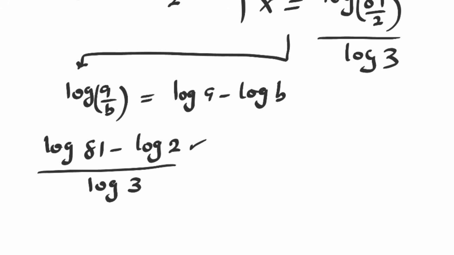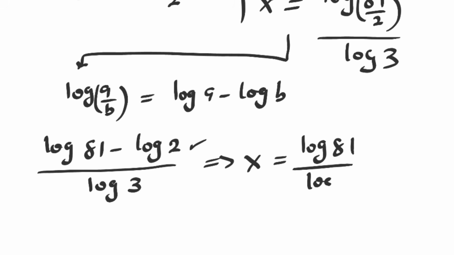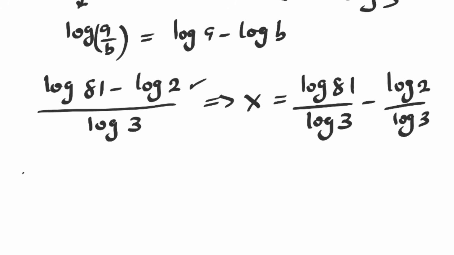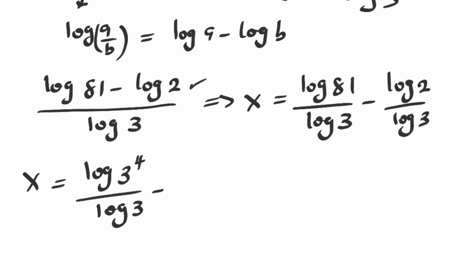Let us play this. x is equal to log 81 divided by log 3 minus log 2 divided by log 3. x is equal to log 81 can be written as log 3 raised to power 4 divided by log 3 minus log 2 divided by log 3.